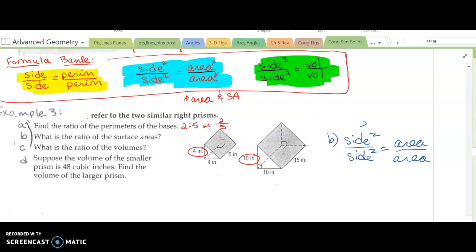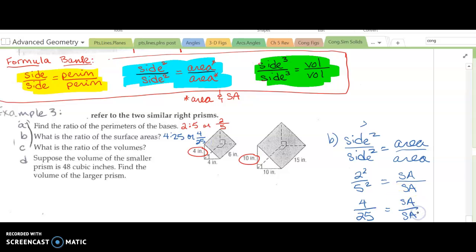So our side-to-side ratio we already established is 4 to 10, is 2 to 5 in other words. And that squared should be equal to the ratio of the surface areas, right? Surface area, it's all different forms of area. So this will be 4 to 25, or 4 over 25, either one. Okay.